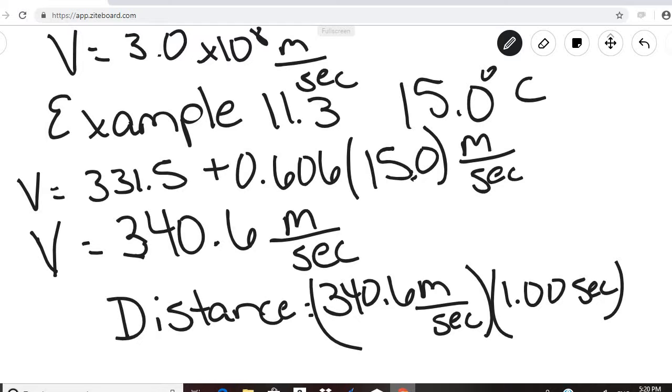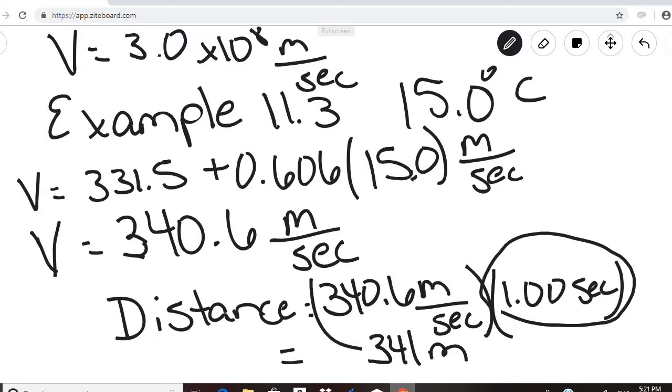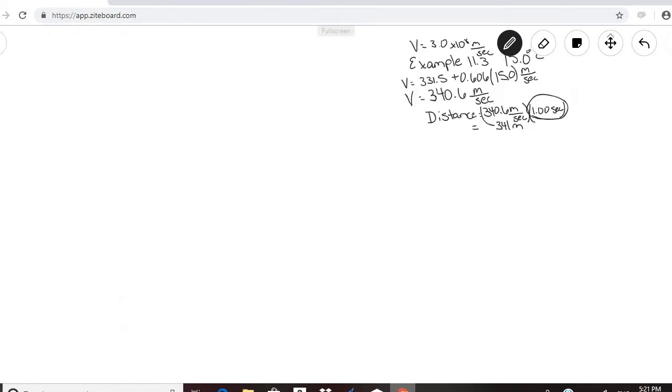So we can have three significant figures. So the distance then is 341 meters. So the lightning that took 1 second for us to hear the thunder associated with it was 341 meters away. Okay, let's go ahead and do Try It Yourself 11.5.